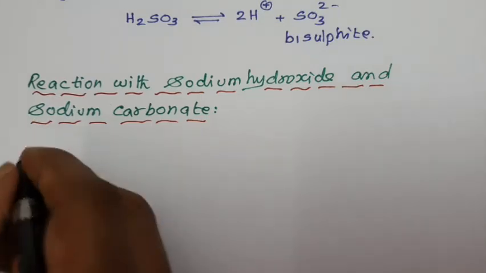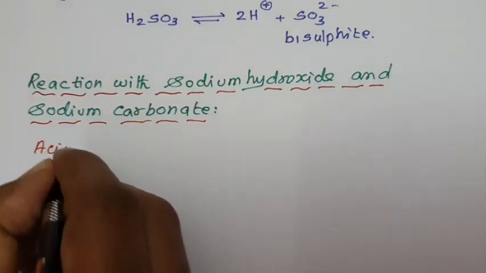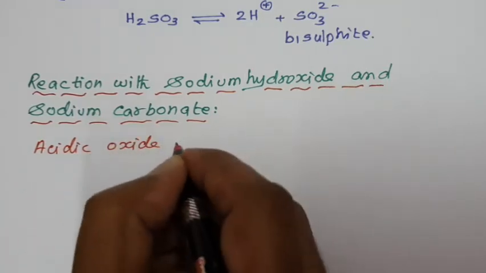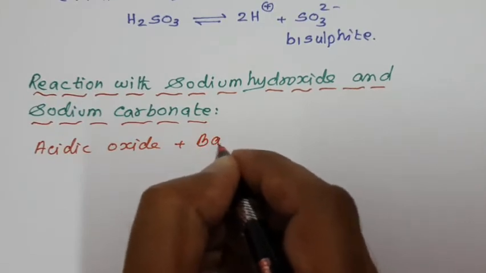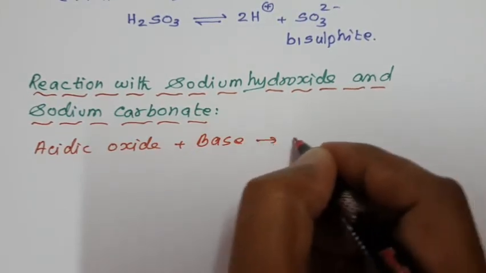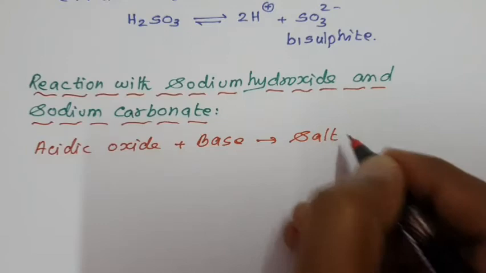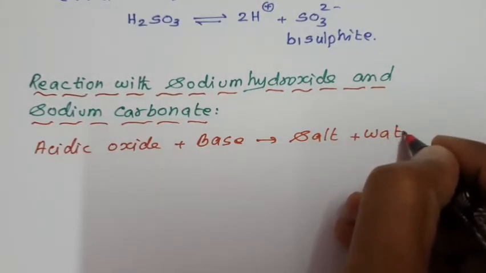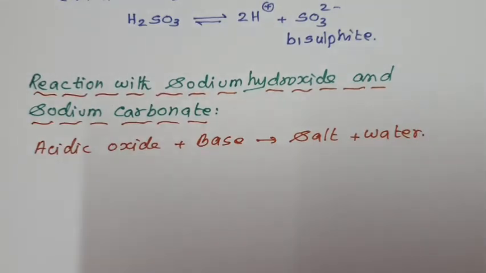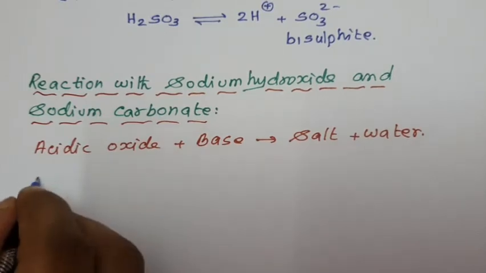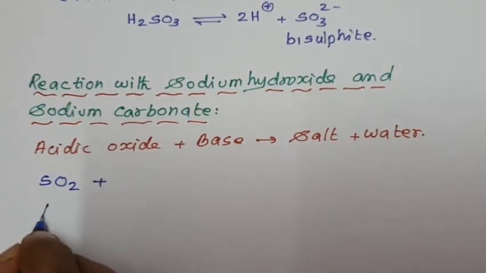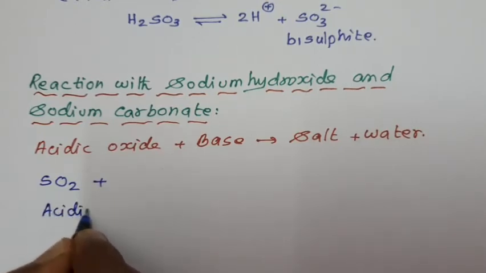Remember, an acidic oxide when treated with a base gives a salt, or salt and water. This is also one type of neutralization reaction. How does the reaction take place? SO2, sulfur dioxide, is acidic in nature.